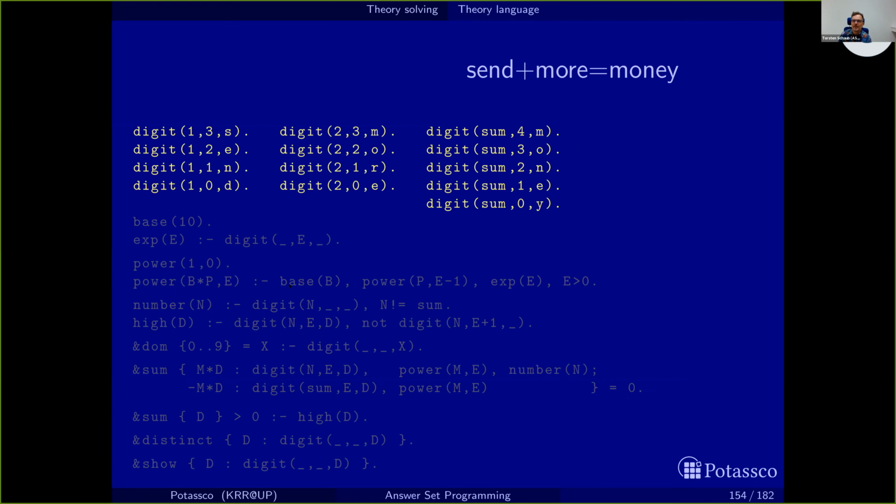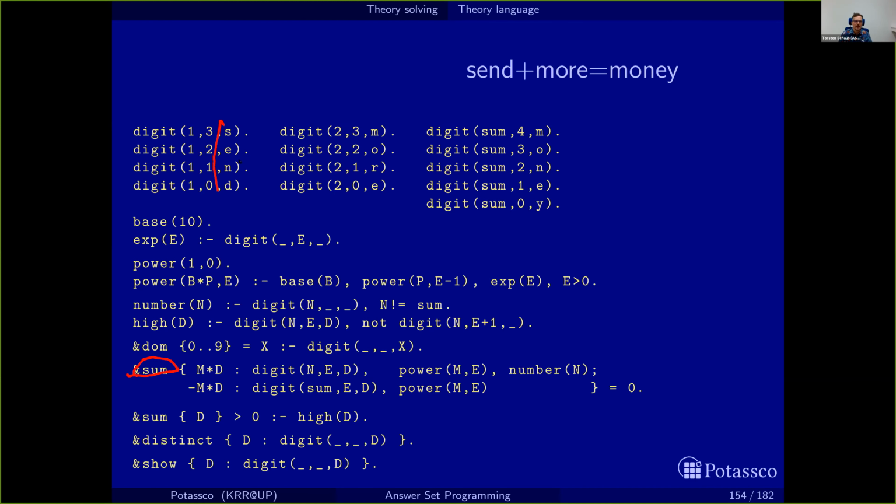So this is more or less how you can do this in ASP modulo constraint solving. So you augment ASP with the grammar that you've seen so far, and then you see here you have a sum constraint, and here the idea is that the send is a digit. This is actually the first number. It's send. This is the second number. It consists of the variables of the more, and this is the sum, which is the money. That's the way how I encode it.